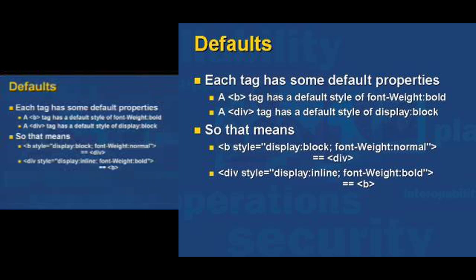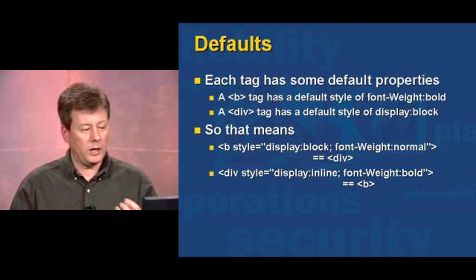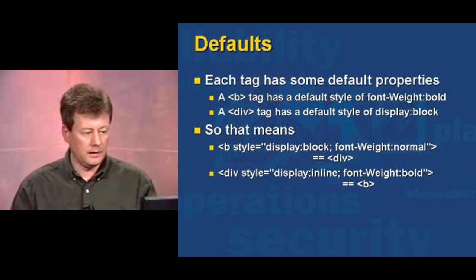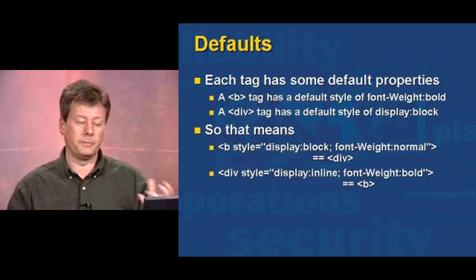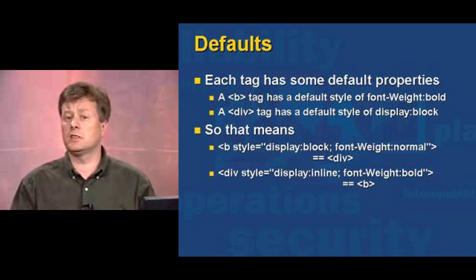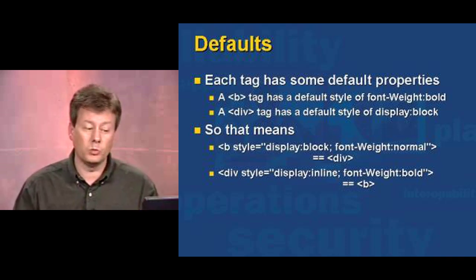Another important aspect of the component model is being able to define the defaults for an element behavior. The way to think about defaults is to think about every tag within an HTML document, such as a bold tag or a div tag, as just an element within the document. In the case of a bold tag, it happens to have a default style of font weight bold.